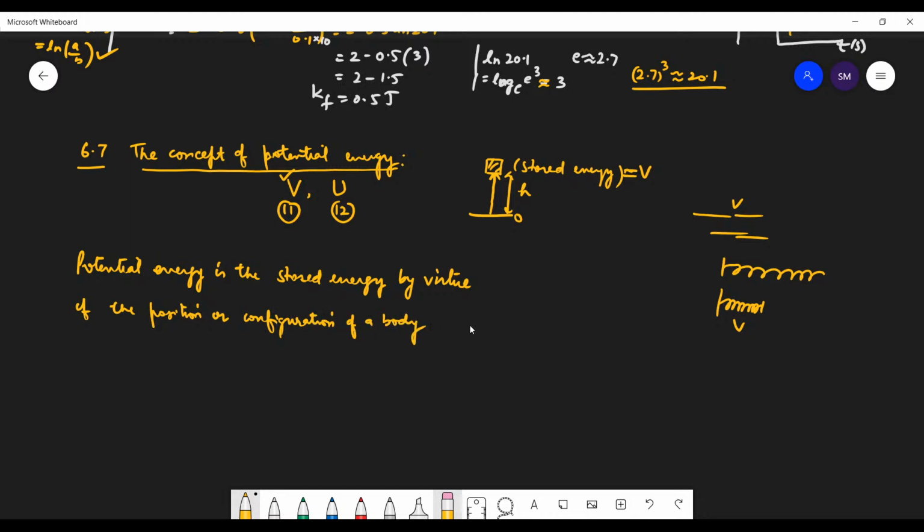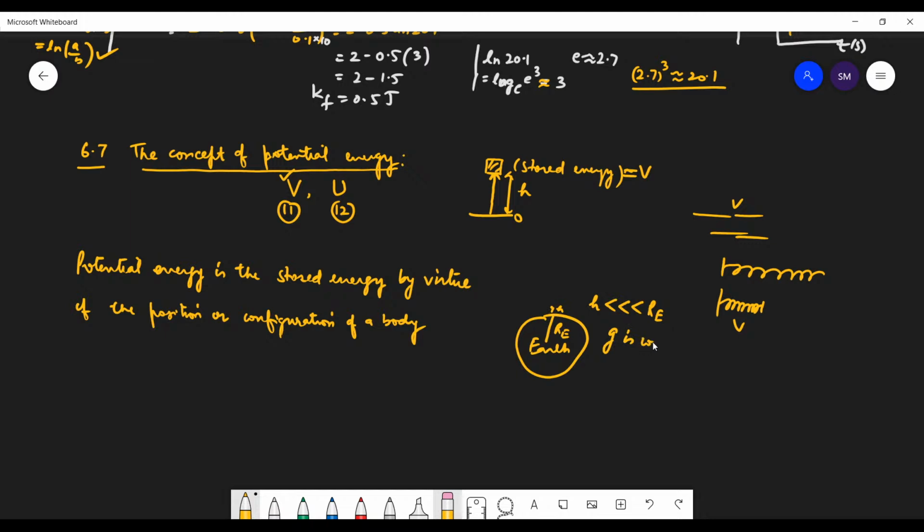So what does this mean? Primarily here we will be assuming that this is earth and I have a body over here, which is near to it. This is not to scale, this is the radius of the earth, RE, and this is height h. The height h I am taking is very much less than RE. That is why I will be taking g as constant near the surface.